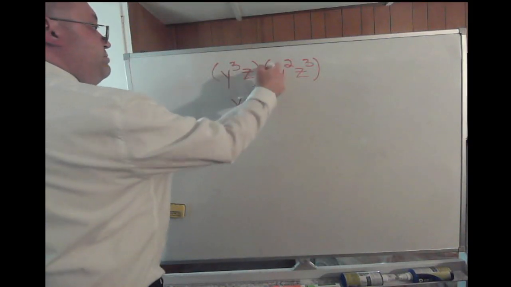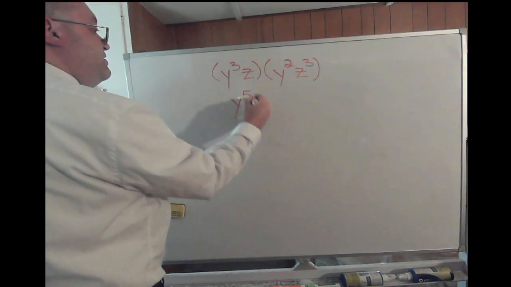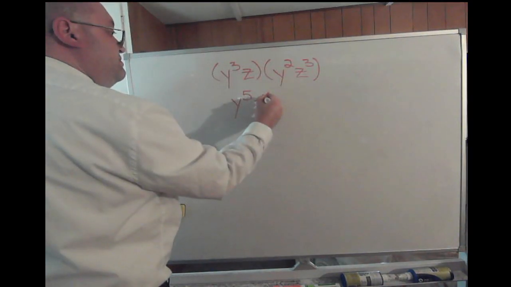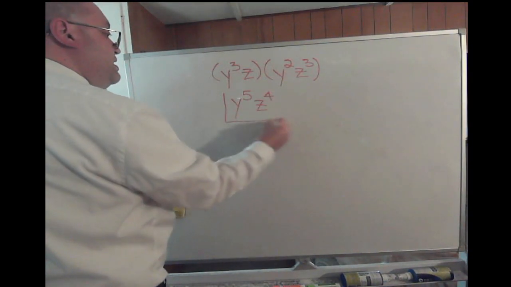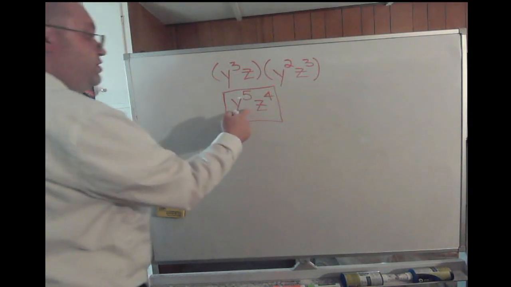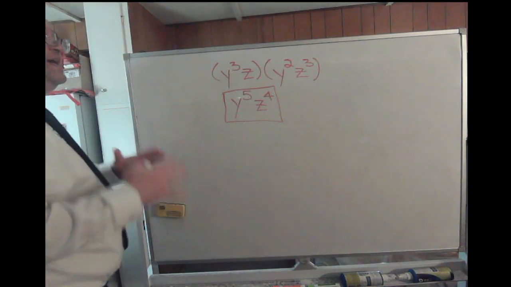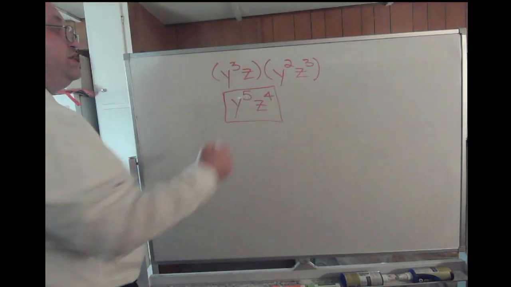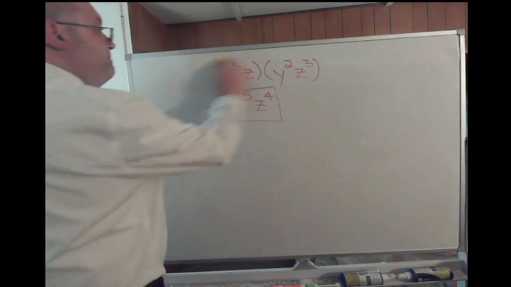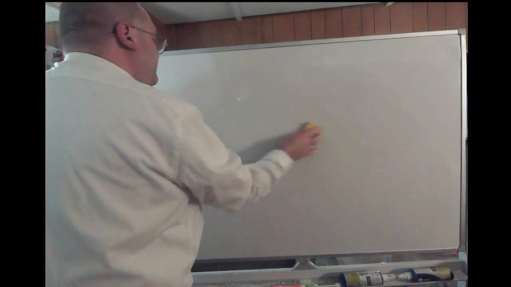Y to the 3 plus 2, that's y to the fifth, times z to the 1 plus 3 would be z to the fourth. So the answer you would get for this is y to the fifth, z to the fourth. So you take each variable separately and then you add up the sum of the powers, and that's what you would get whenever you have more than one variable.